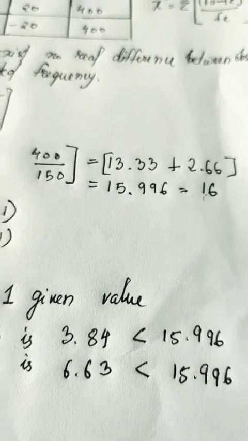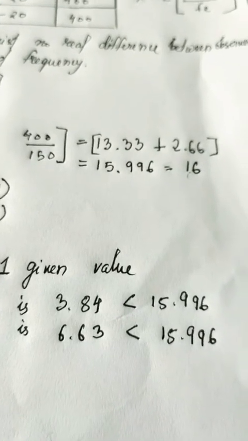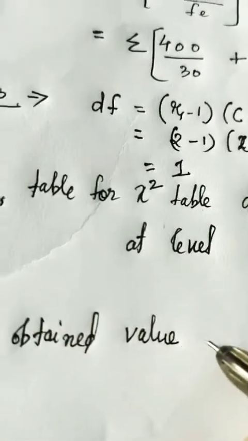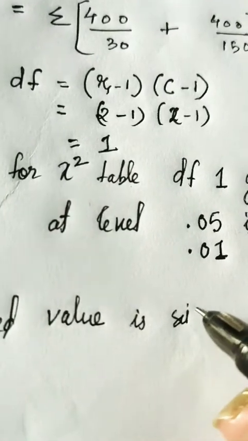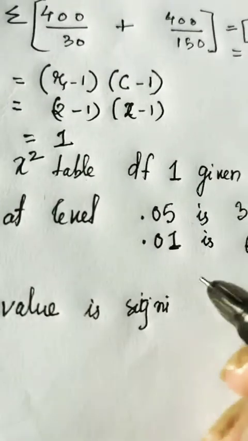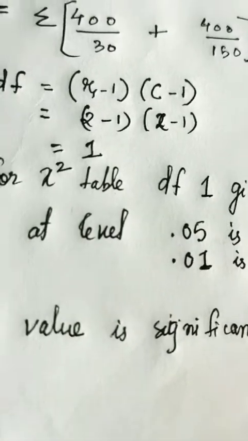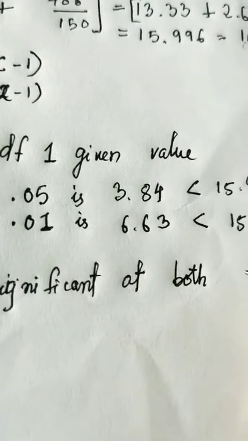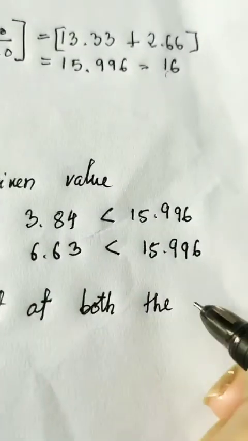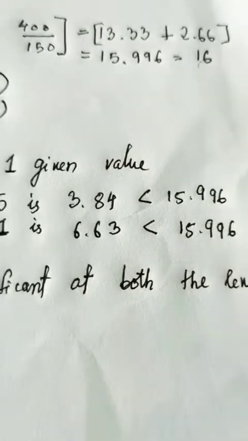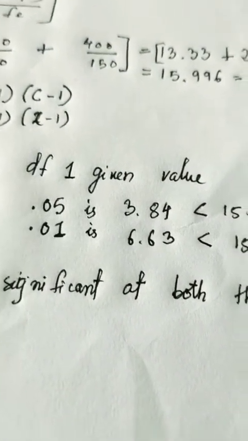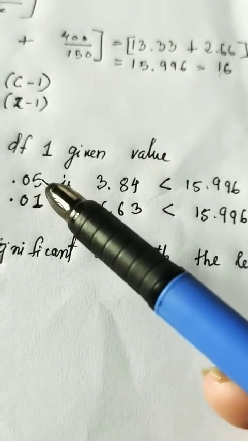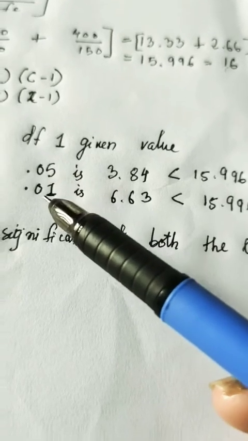So now what we will write is, the obtained value is significant at both the levels. In the previous question, we found that the observed value was significant at 0.05 level, but not at 0.01 level.